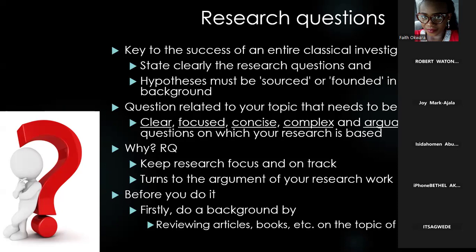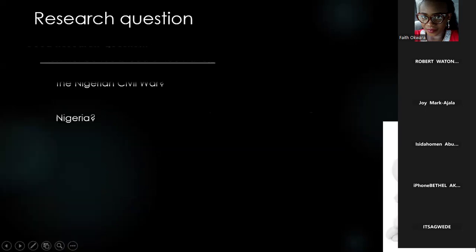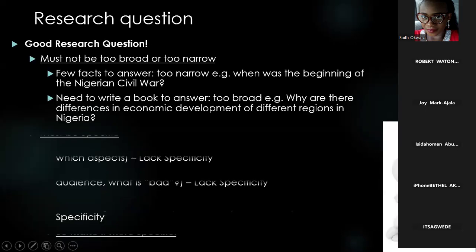Okay, so your research question must be focused, it must be clear, it must be short enough, it must be complex, but it must be arguable. So these are things you need to take into consideration.